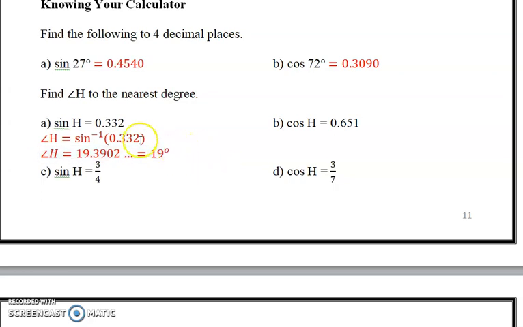Alright. Next we have cos, so we're going to do the same thing. Angle H is equal to, and we're going to insert the inverse cos, and it'll open up a bracket on your calculator.